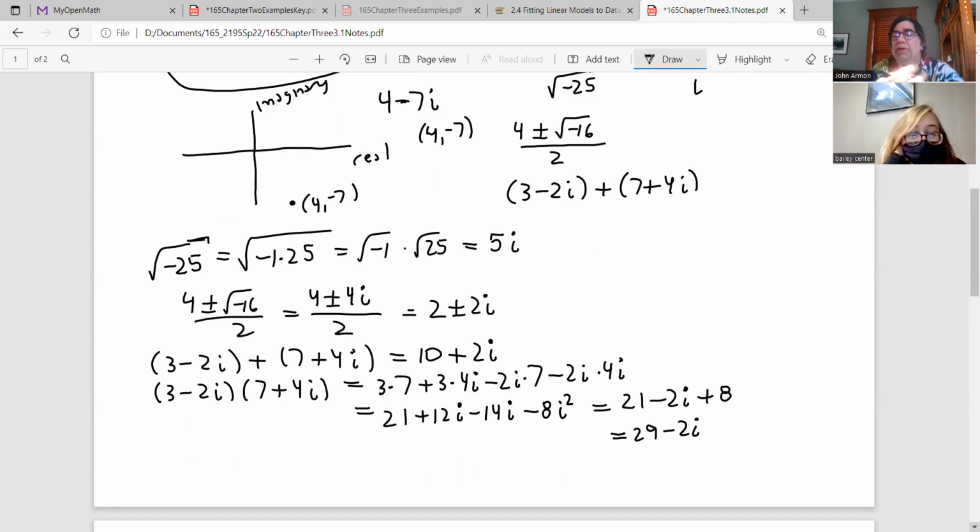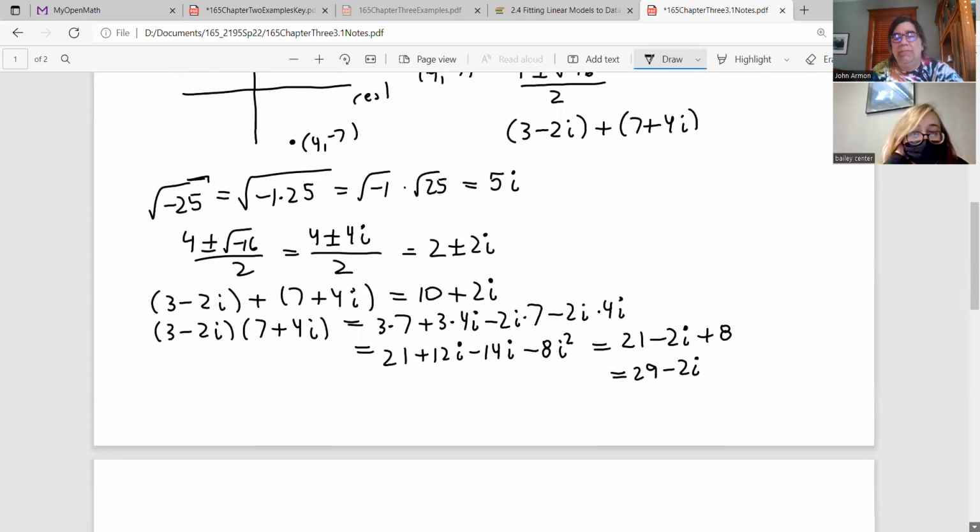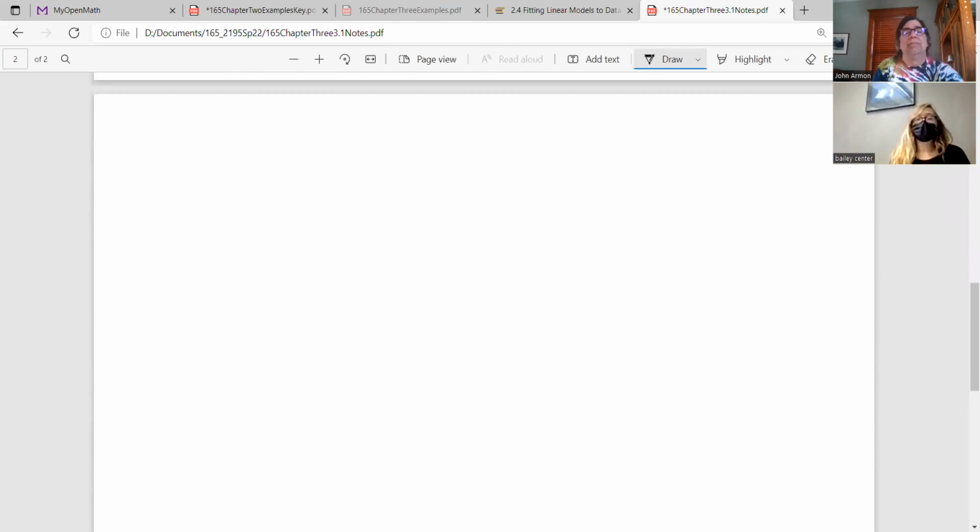Is it possible to multiply 2 complex numbers together and get something that is a real number? What happens when you multiply these two together? 5 plus i times 5 minus i. First terms, 5 times 5. Outside terms, negative 5i.